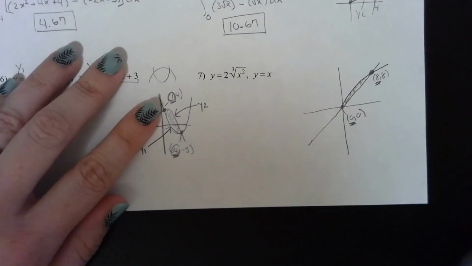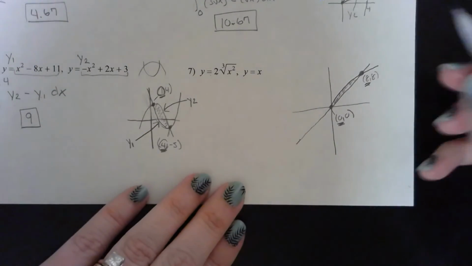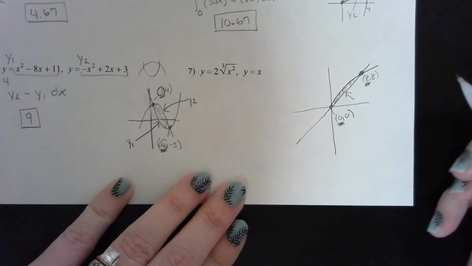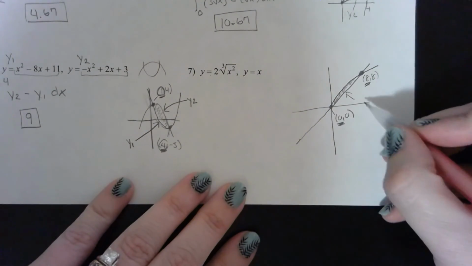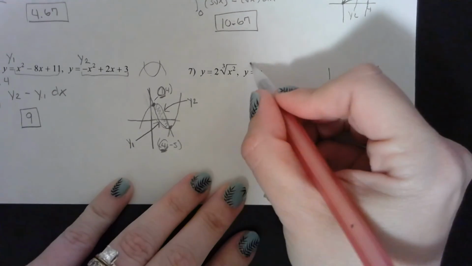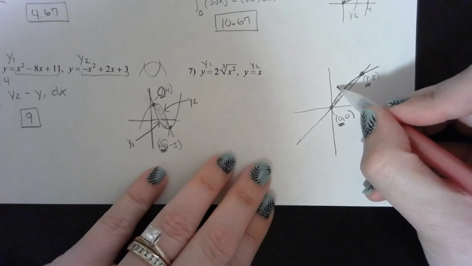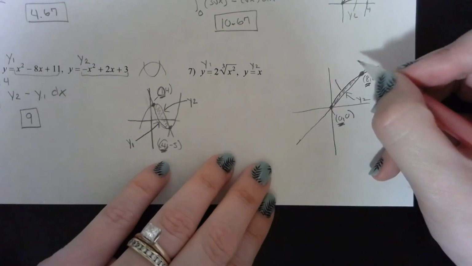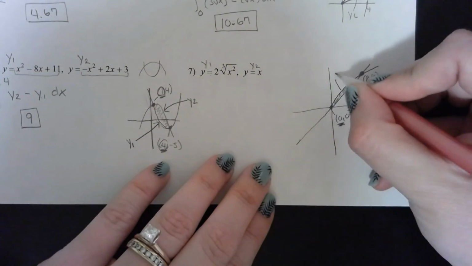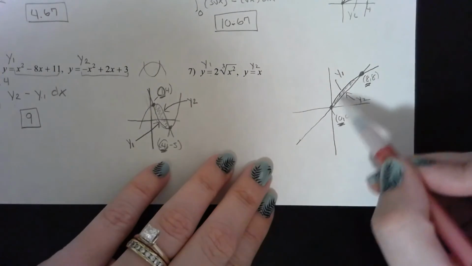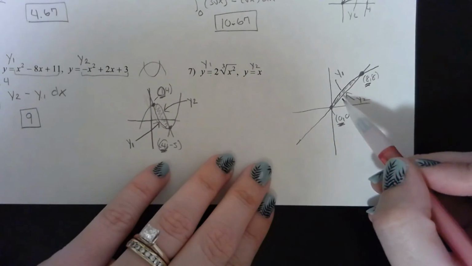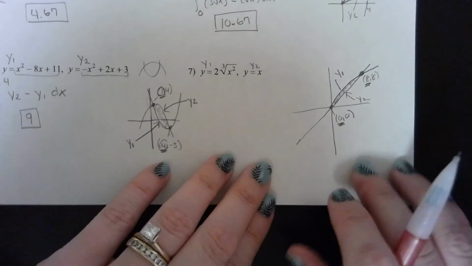Okay, so we should be able to know from this bottom function was my nice y equals x. Here, that was my y2. My y1 function was my cube root function, which in this case is going to be the top of this piece, and the y equals x is going to be the bottom.